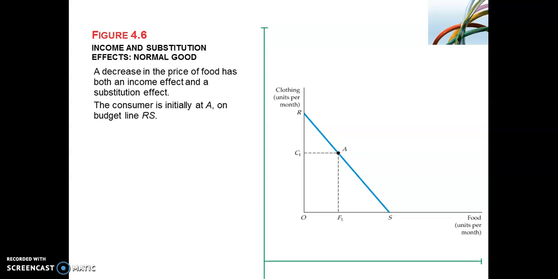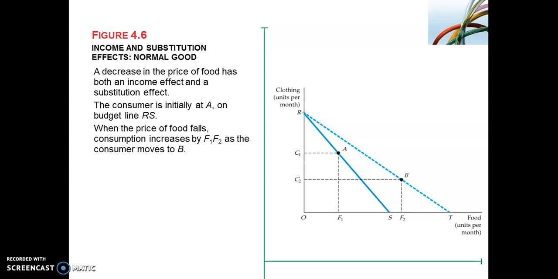Now, we know when there's a decrease in the price of food, with clothing's price remaining the same and the income level also remaining the same, the budget constraint is going to pivot outward and it now becomes RT. So bear that in mind. Where the price of food falls, the budget constraint pivots outward.